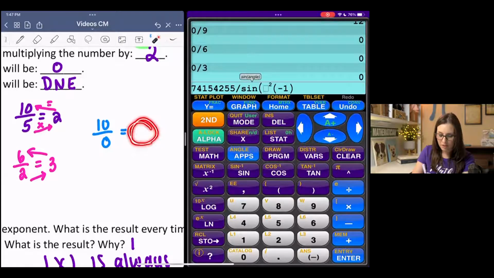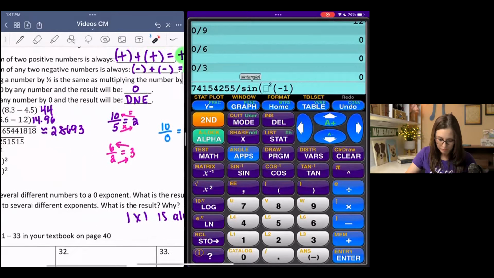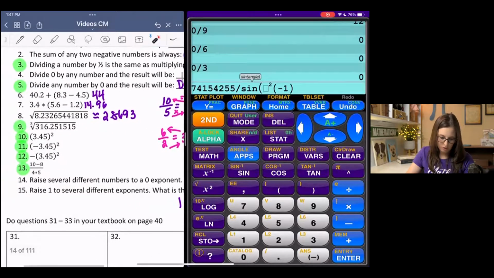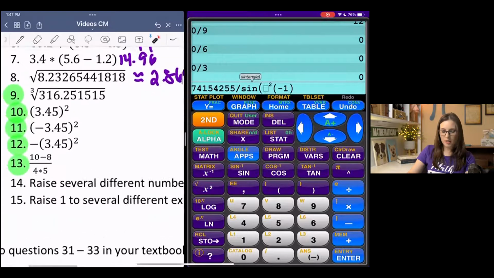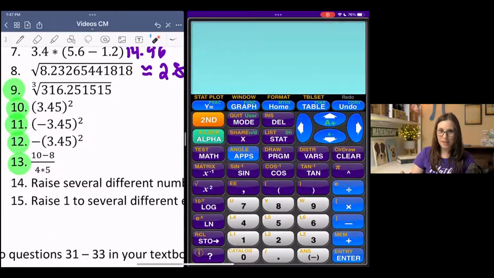There's nothing that exists that makes this true. And so that's why we say no solution or does not exist, basically because there is no unique solution that exists for that problem. And therefore we say we can't divide by 0. It's kind of weird wording, probably shouldn't use that wording, but that's what's happening. There's not a number.